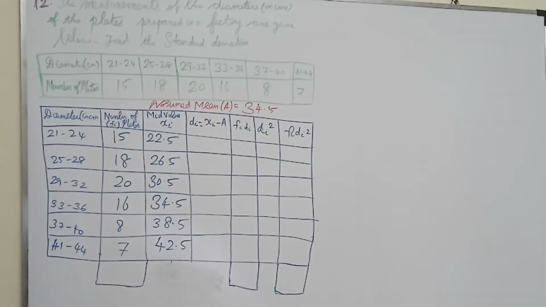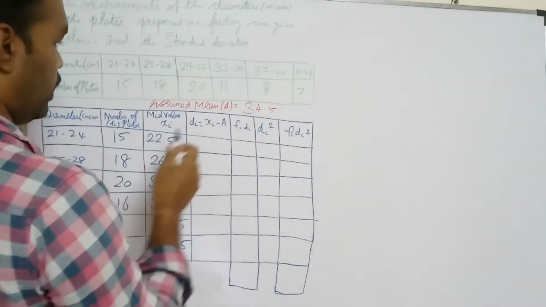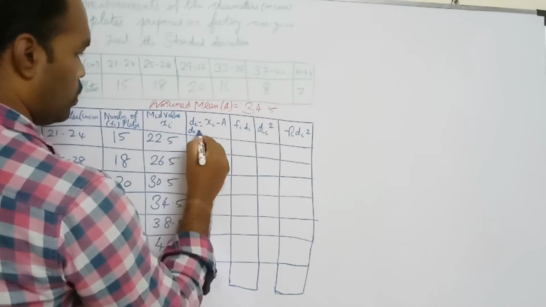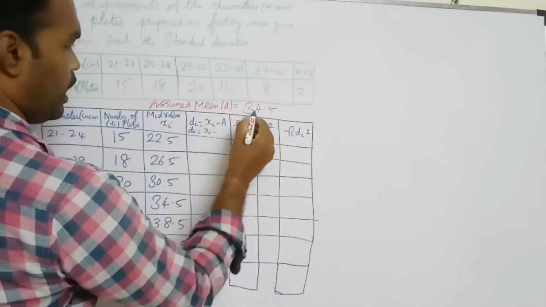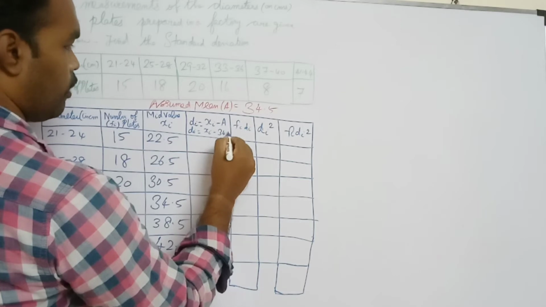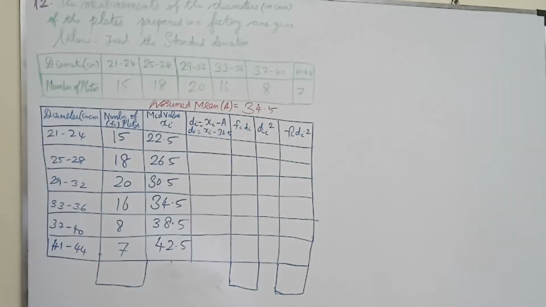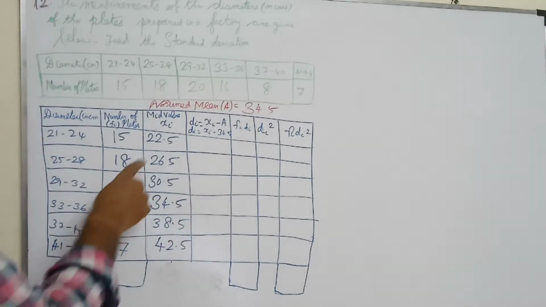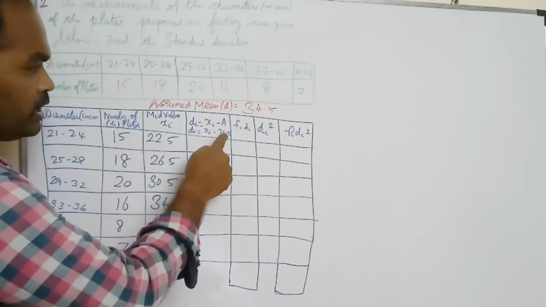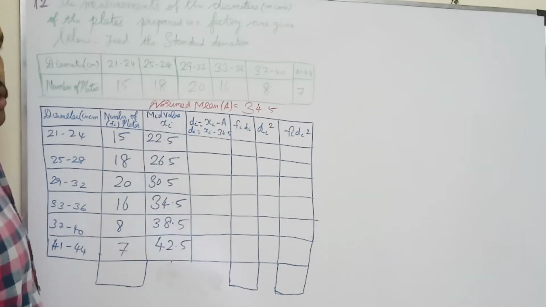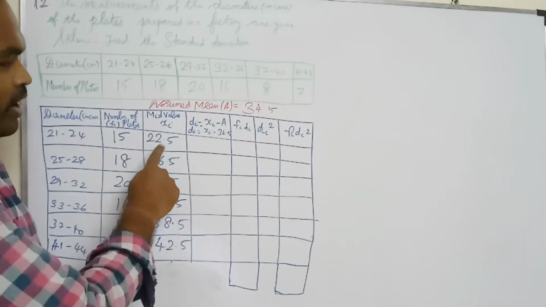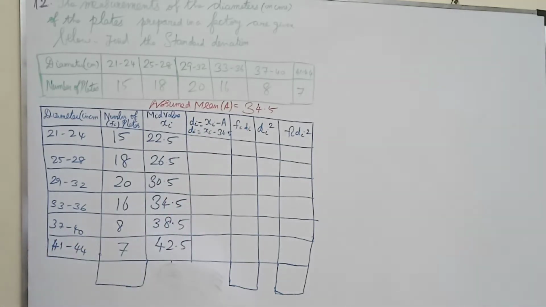So now di equals xi minus a, where a is 34.5. 22.5 minus 34.5, how much?